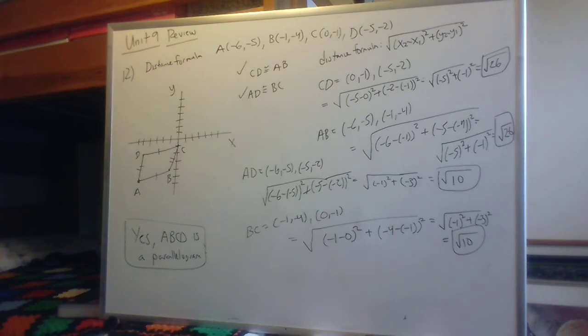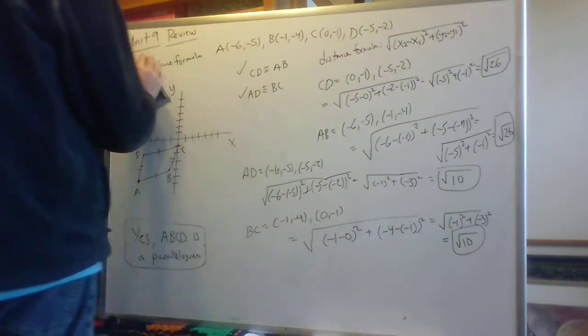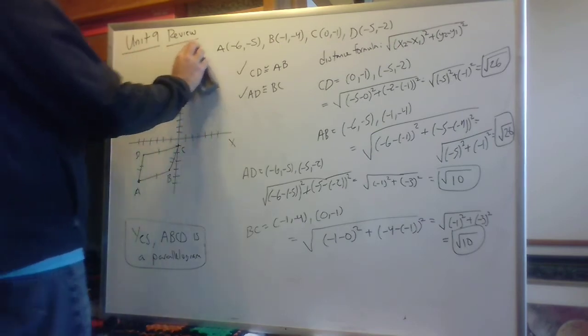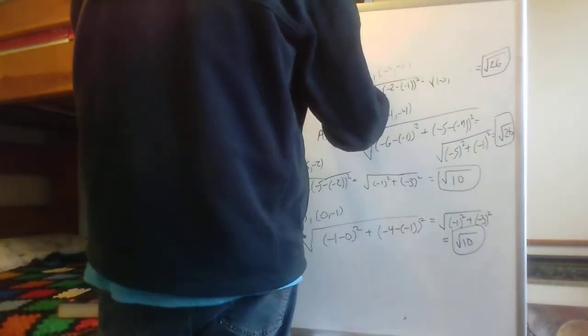Your response is going to say, yes, according to theorem so-and-so, this quadrilateral is a parallelogram because of such and such. So I'm going to skip over 17 and 18 because I want you to go back and look at the parallelogram theorems and go from there.